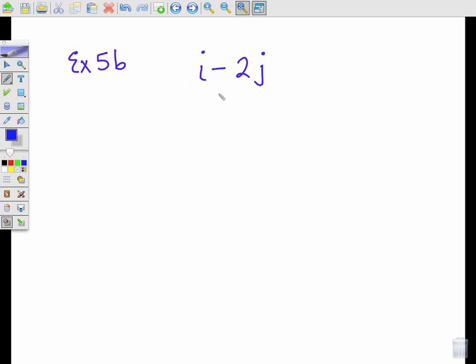We're going to find the unit vector of this vector. Well, this vector in component form would be 1 comma negative 2. So if I take the vector and divide by the magnitude, it would be 1 squared, 1, plus negative 2 squared, which would be 4.